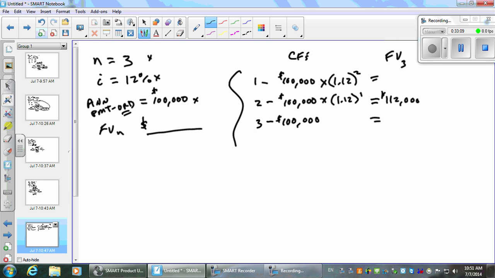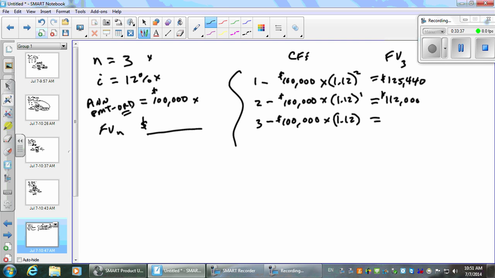Future value sum. What is that? So it's 112 times 1.12. How much was that? It's 125,440. Okay. And you could look at the future value sum table and 2 periods, you find out when you do 12%. It's 1.2544. It is, isn't it? Okay. How long is this one going to be invested?